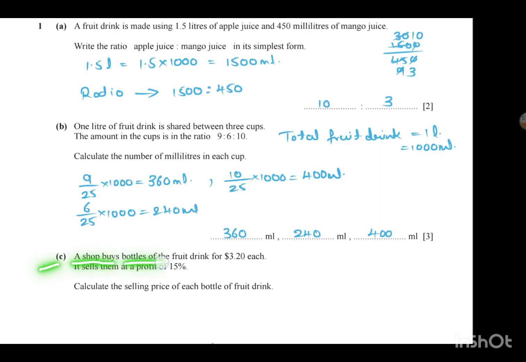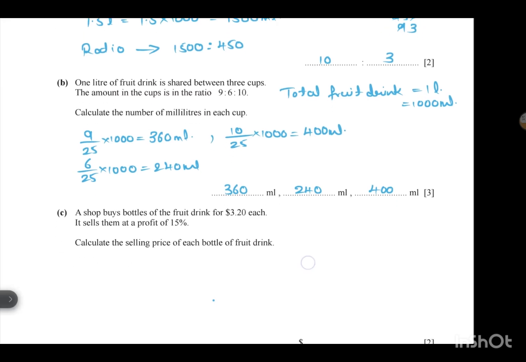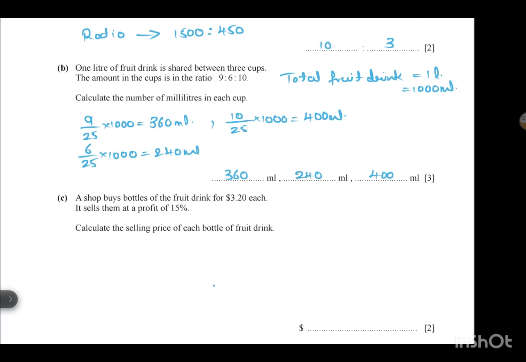Question number C. A shop buys bottles of the fruit drink for $3.20 each. It sells them at a profit of 15%. Here the cost price is given and we need to find the selling price using the profit percentage. The cost price of each bottle is $3.20.